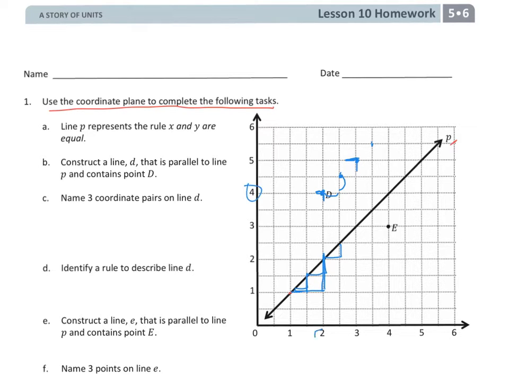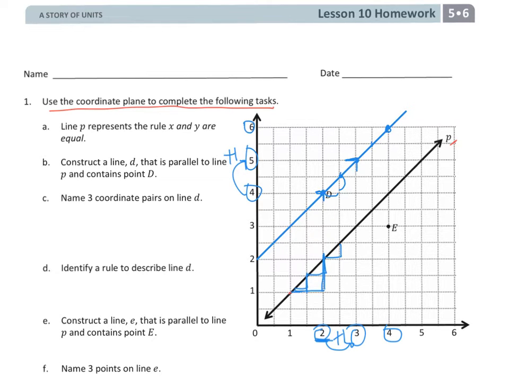It looks to me like for every 1 I go up on X, I go up 1 on the Y. So if I go over to 4, I'm going to have to go up to 6. So I'm going to put my line in there, and there's my line right there in blue.